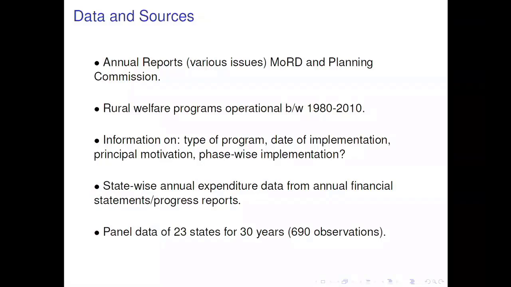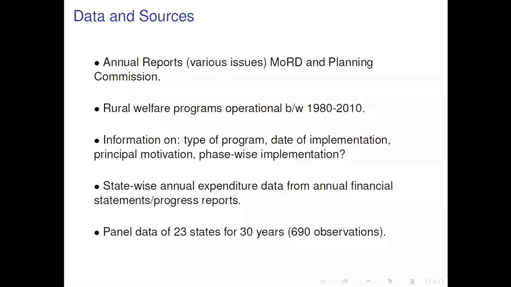And essentially what these reports do is detail the kind of welfare programs that were active in a particular year. They tell you the objective of that program, why it was implemented. They tell you what was the rationale of implementing it. They give you the type of program, whether it's an employment guarantee program or a credit or a subsidy program.